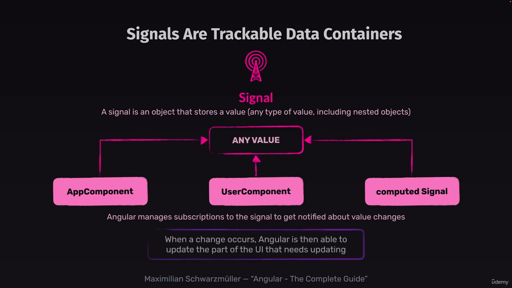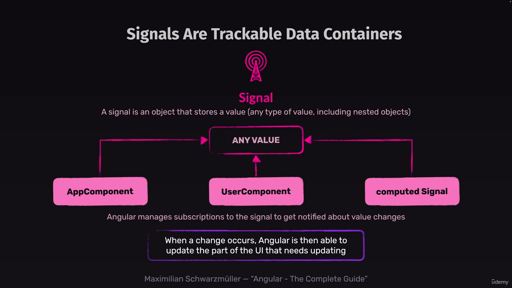And Angular then is able to identify all the places, for example, in your templates, where that value is being used, so where that signal is being used in the end, and it's then able to update these places. And I'll show you how to read and use a signal in a template in just a second.